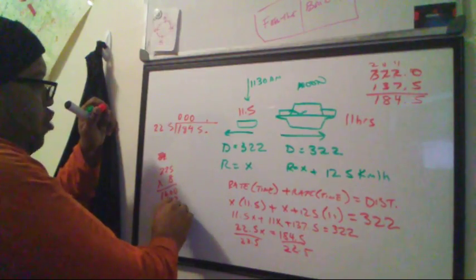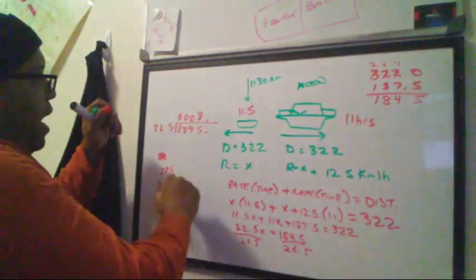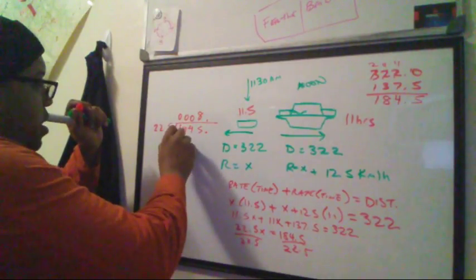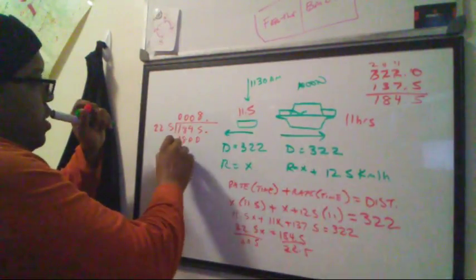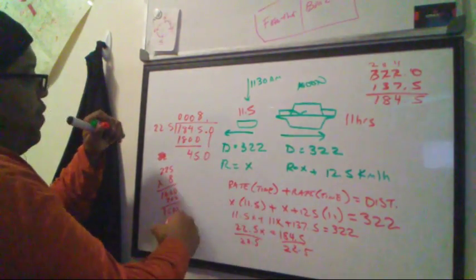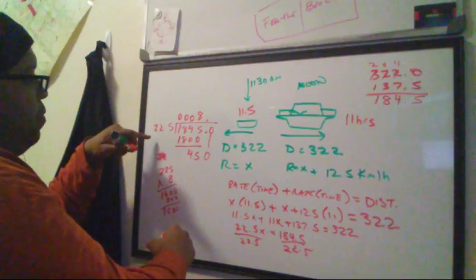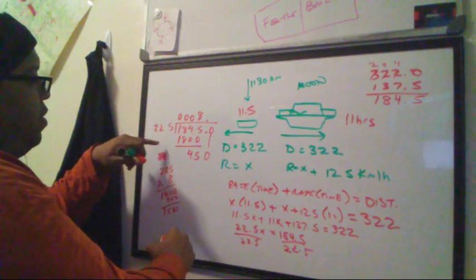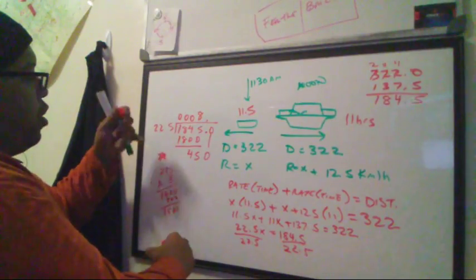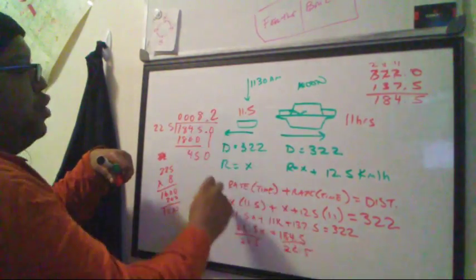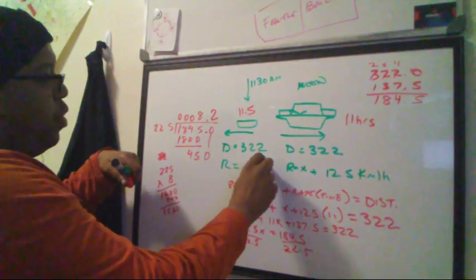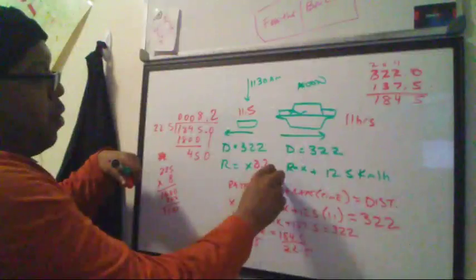So 1,800 works. So it's going to be 8 point something. All right, so we get 1,800. 45 comes down, add a 0, drop a 0, 450. Now, 225, if I double 200 and I double the 25, that'll give me the 50. 8.2. So this little guy is going 8.2 kilometers per hour.